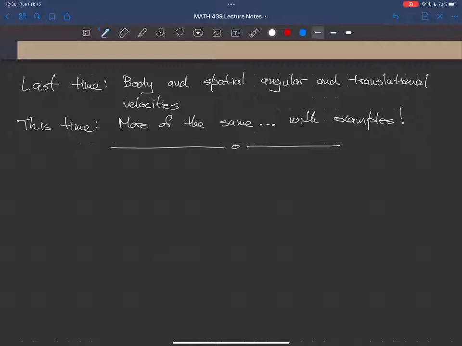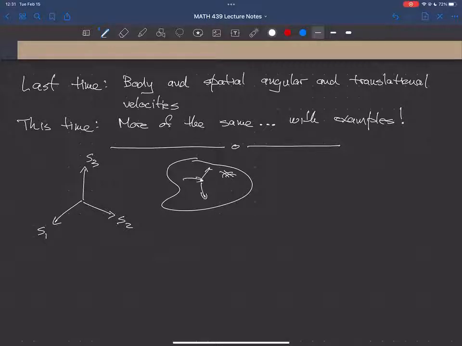And so remember the story that we had last time was that we had a rigid body in motion. So remember that what that means is we have a spatial frame and a body frame.